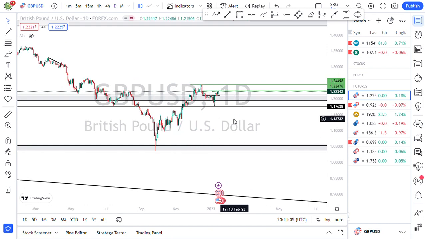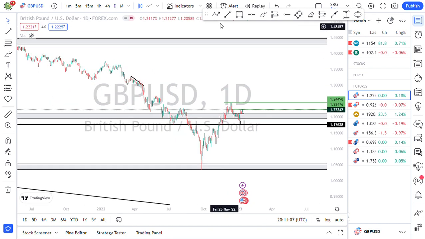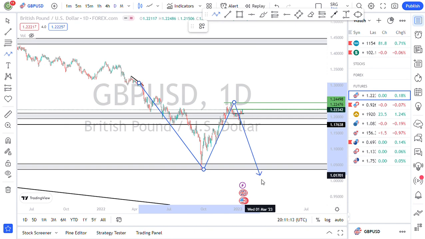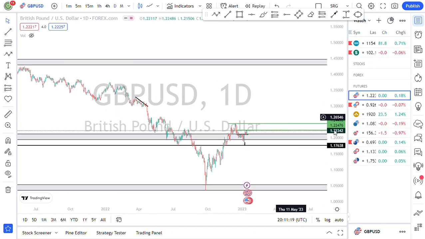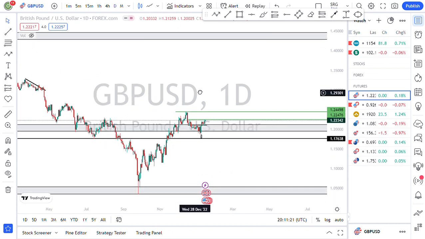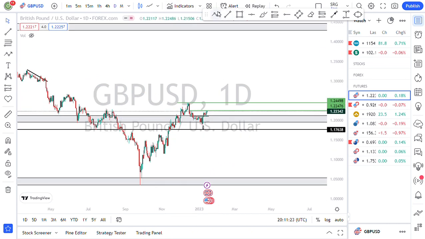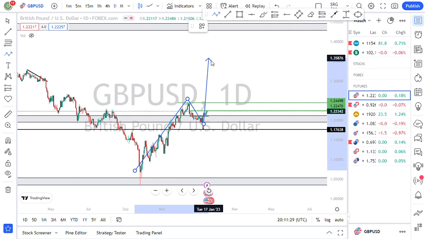Price comes up, then a down move, a correction, and then a down move to make lower lows. But now we can see that price is coming way back up, giving us a retest on our support zone and giving us a higher high over here.